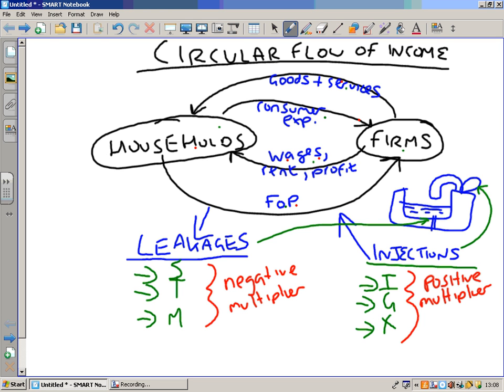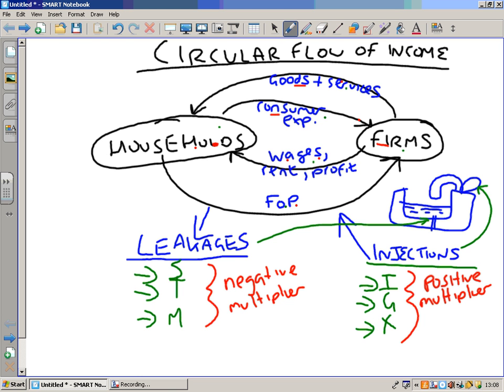Now let's think about what this means. Let's imagine a business was to invest more into expanding their business. This in turn will result in more wages to households. But this time, rather than households spending this extra money on consumer expenditure, they start to save this money. If the households save this money, they will not demand any more goods and services. If anything, they might demand less.